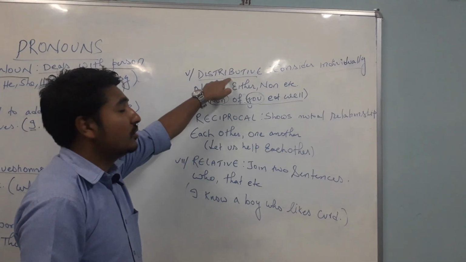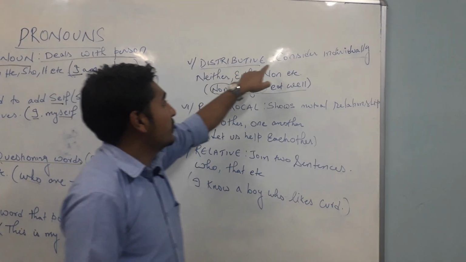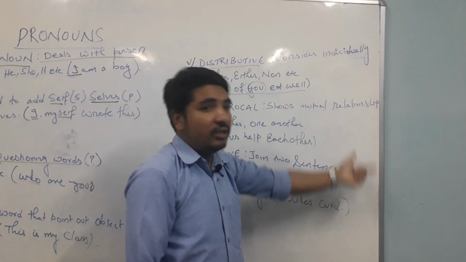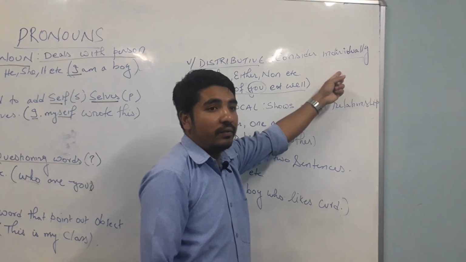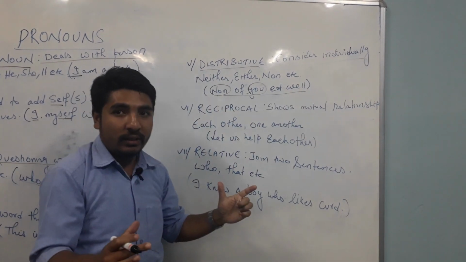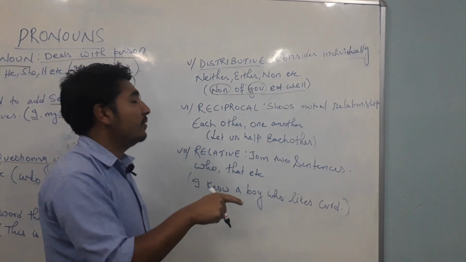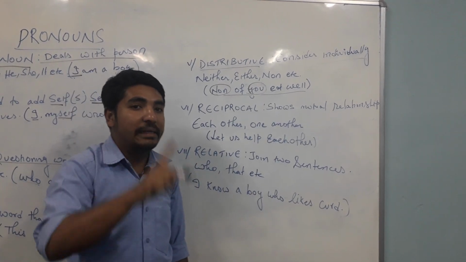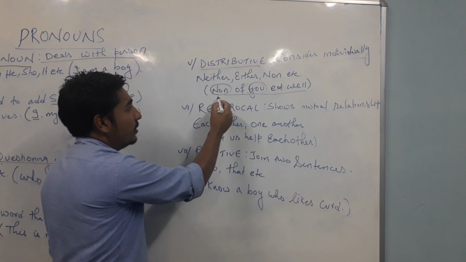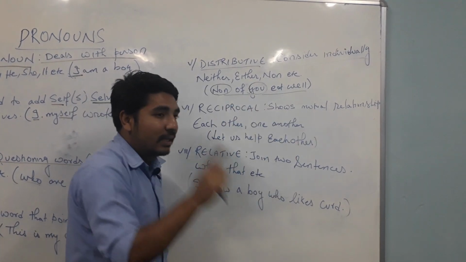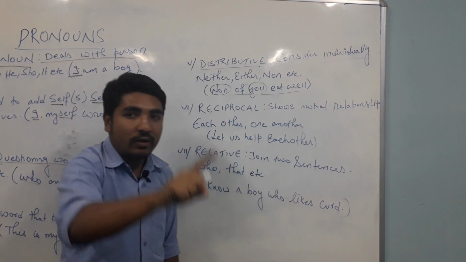Now you can see a distributive pronoun considers individually. It is in a group, but it considers individually. It points out individually. You can see none of you means one, all of you.